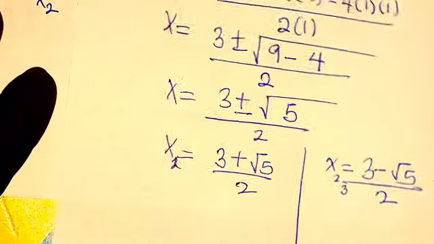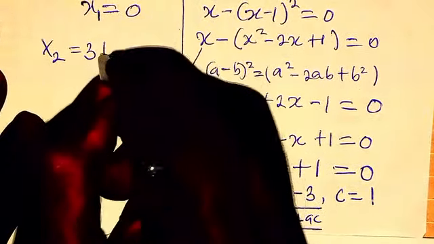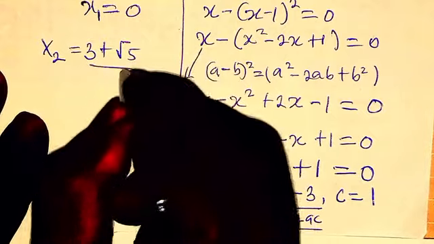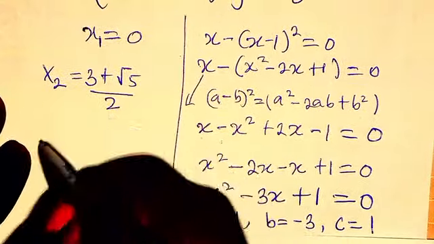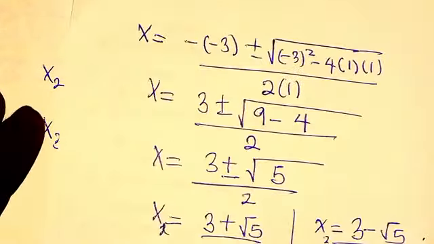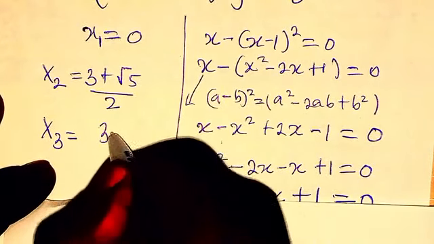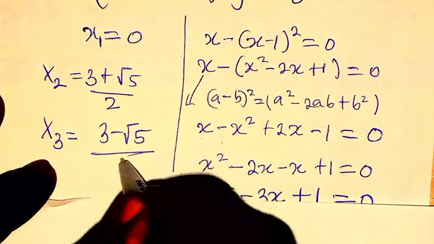Our x2 is 3 plus root 5 over 2. Then we have x3 equals 3 minus root 5 over 2.